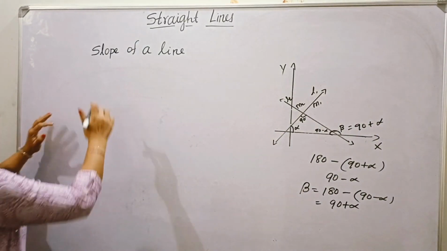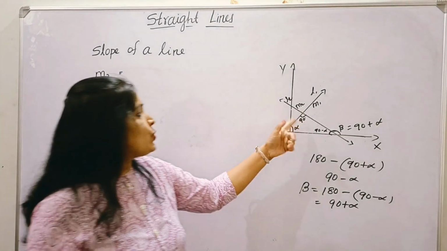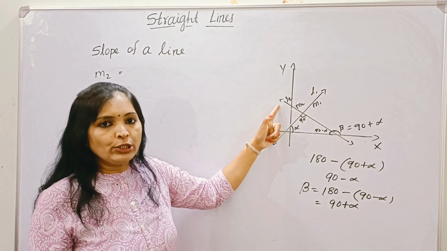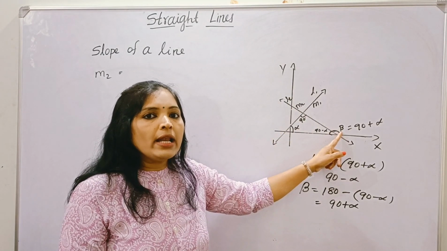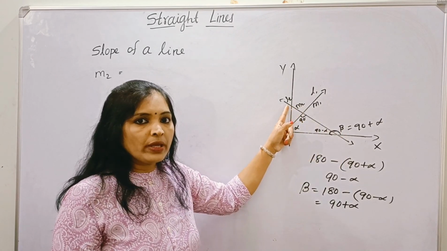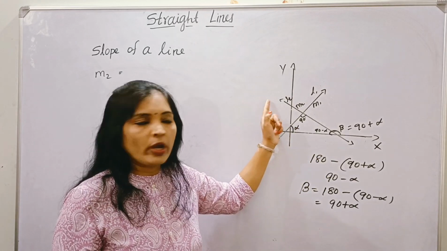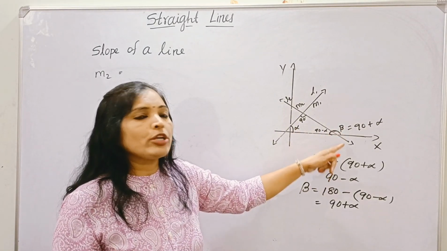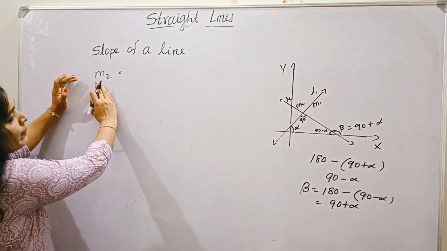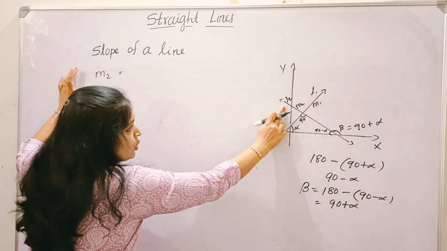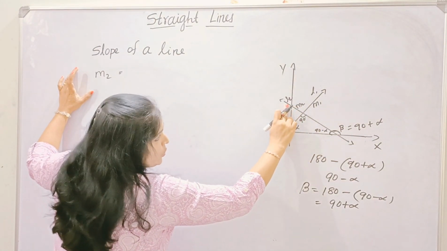Now we will write the slope m2. m2 is the slope of the line L2, and beta is the inclination of the line L2.